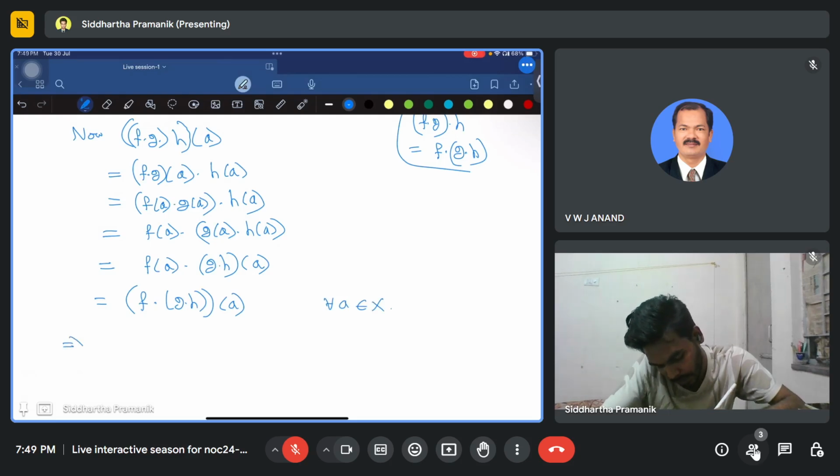So this implies these two functions are basically the same.